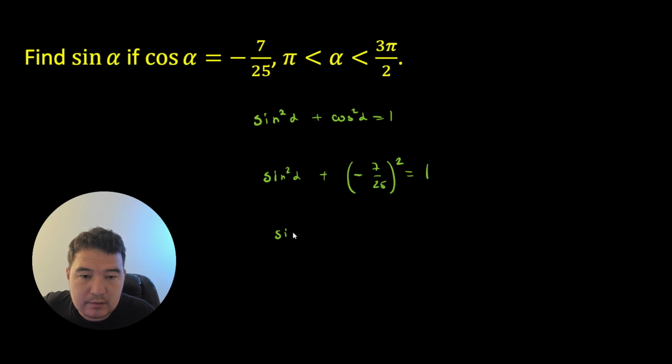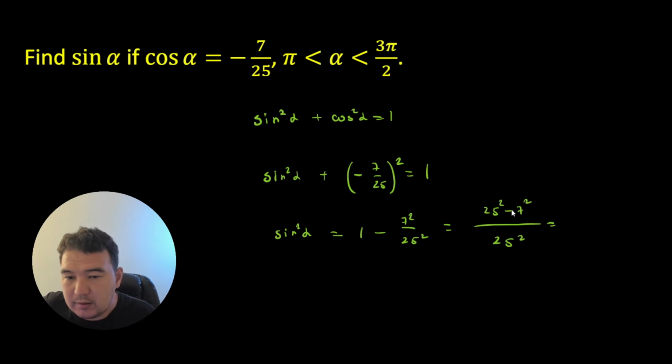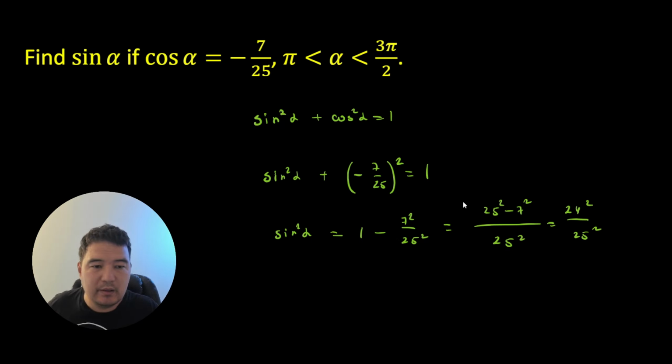And sine square alpha will be 1 minus 7 square over 25 square. If I do the computations, it's 25 square minus 7 square over 25 square.